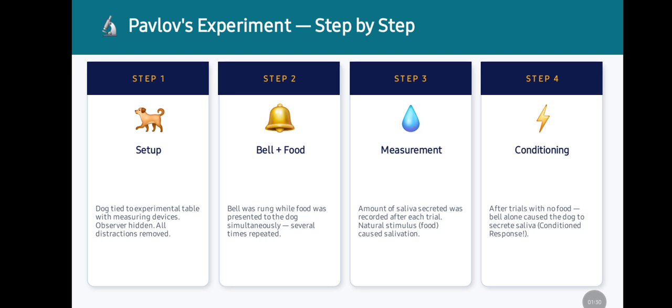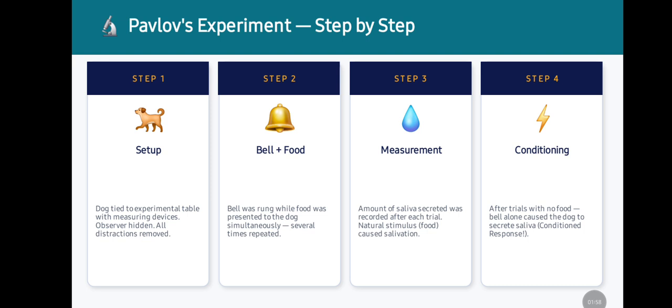So Pavlov's experiment, we are going step by step. In the first step, set up: the dog is tied to an experimental table with measuring devices, observer hidden, all distractions removed. Second step, bell plus food. In this, the bell was rung while food was presented to the dogs simultaneously, repeated several times.